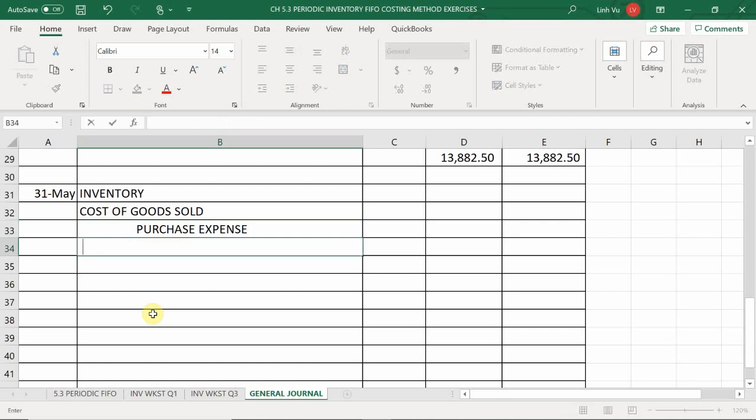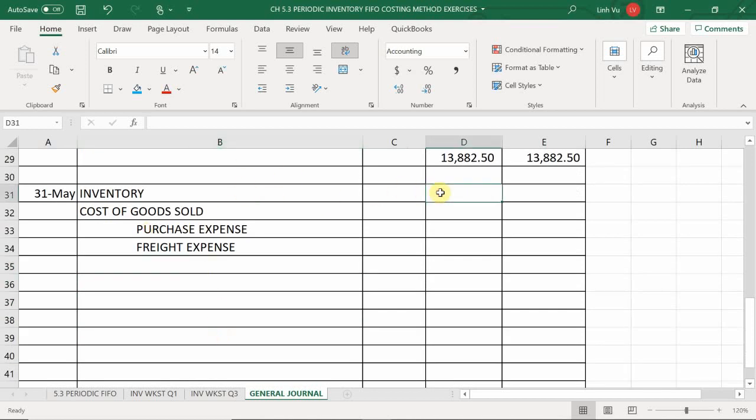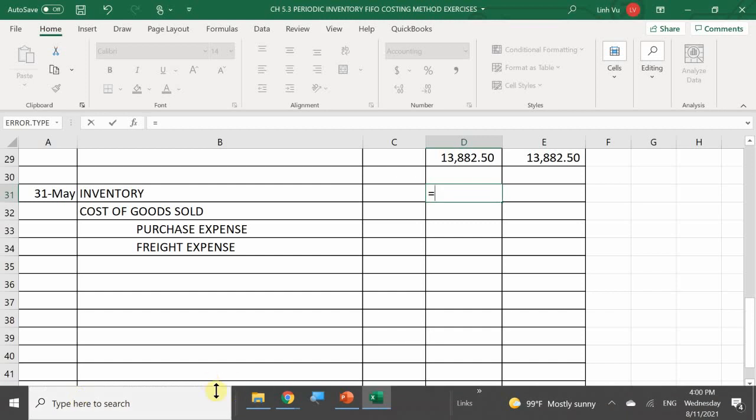What was my total purchase price in this case? The 10,400. Okay, now how much was the freight? The 150.